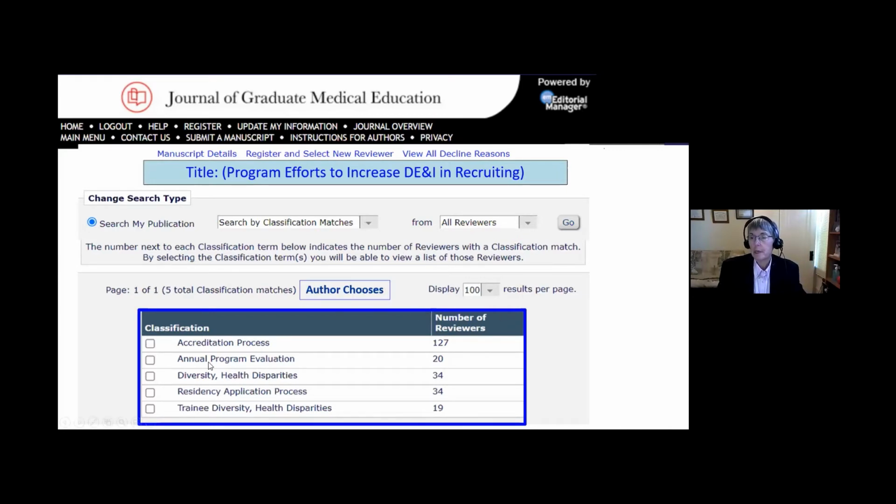So you can see for this article on programmatic efforts in graduate medical education, this was focused on how to deal with the challenge of recruitment of underrepresented minorities and diversity, not just people of color, but LGBTQ, differently abled people, the whole range.